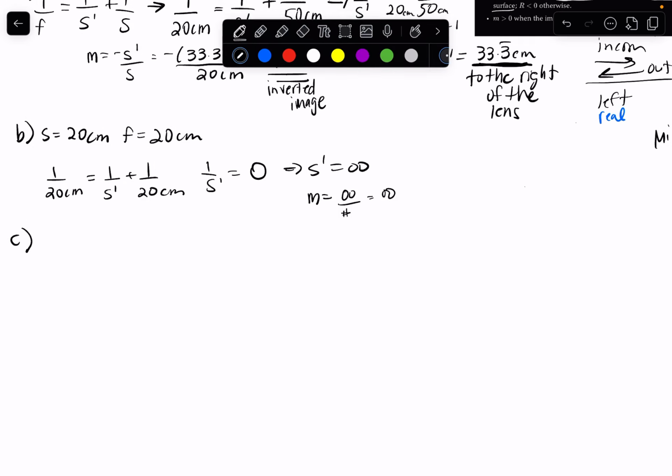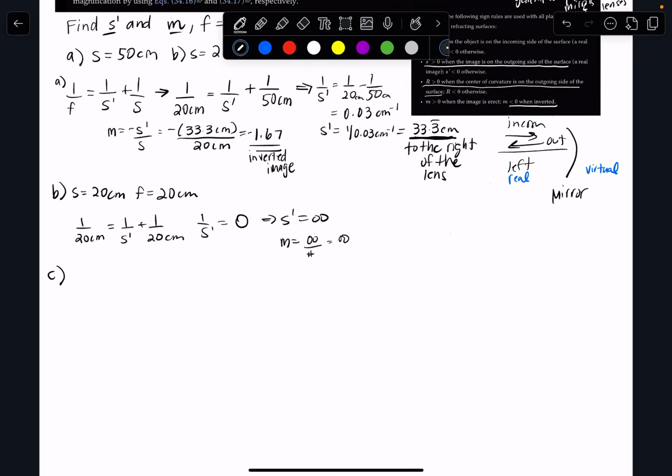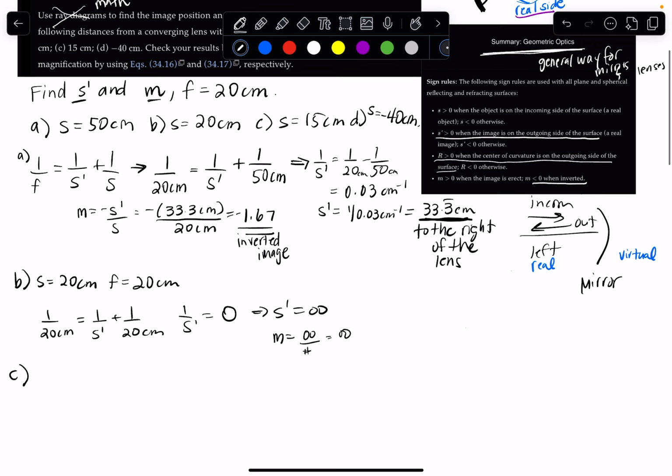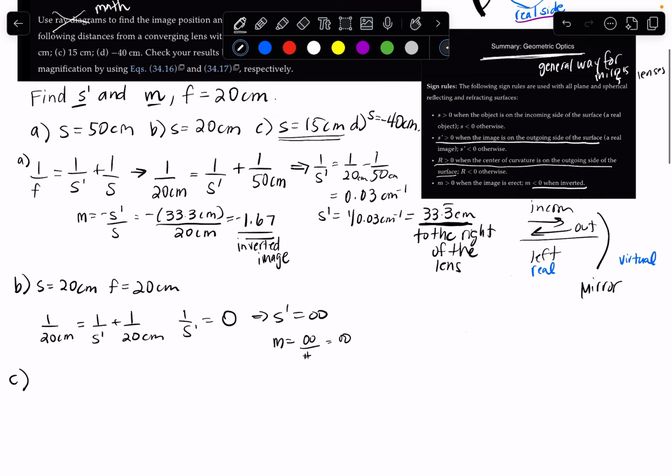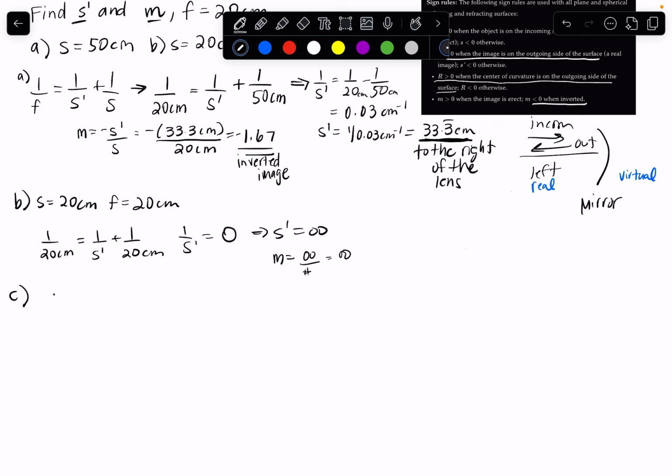So now we're slowly bringing our object closer and closer to the lens. We're dealing with lenses. So now for part C, the object is now inside the focal point, between the focal point and the lens. Okay? So our focal point was 20 centimeters. We're solving for the image distance, and our object distance is 15 centimeters.